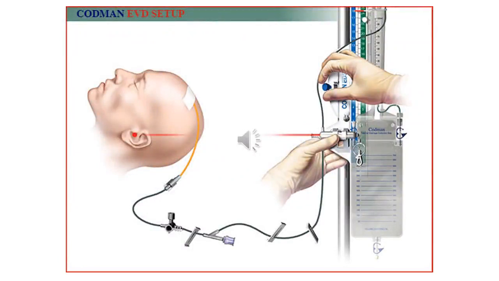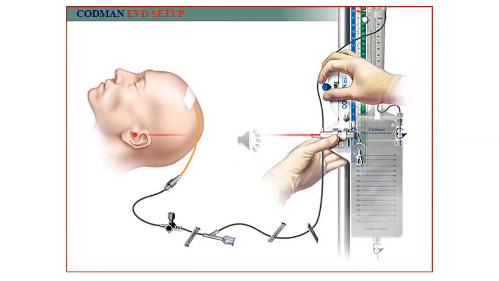In either case, if you ever adjust that level above or below the level of the ear, the intracranial pressure readings that you are getting from the ventriculostomy are going to be wrong. They're not going to be accurate, right? Because if you lower the transducer, that's going to make the intracranial pressure readings look a lot higher, because the drainage system works via gravity, so the transducer is getting more pressure from the brain.